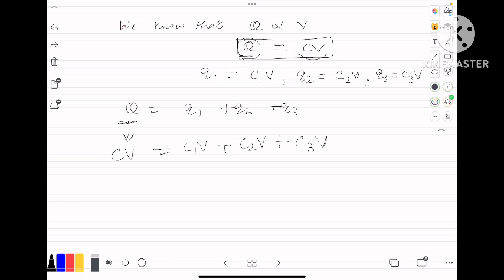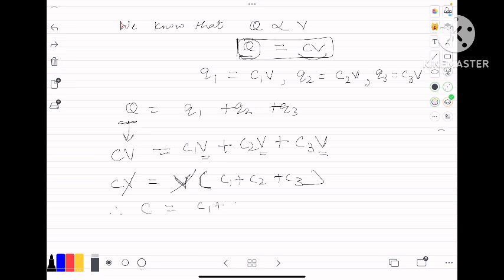CV is equal to, here V is common, we can take it outside, V into C1 plus C2 plus C3. V on both sides cancels out each other. Therefore, C is equal to C1 plus C2 plus C3.